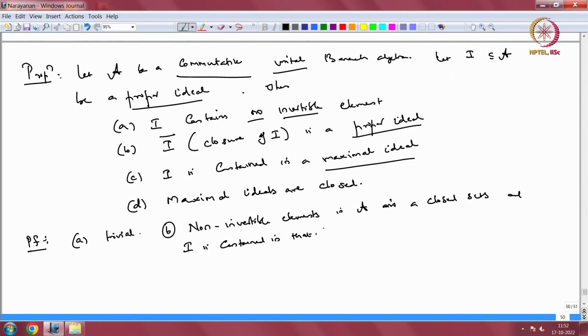So, if I is a proper ideal, then it has no invertible element. So, it is contained in the non-invertible elements, which implies I closure, because it is contained in a closed set, its closure is also contained, right. So, this is contained in non-invertible elements. So, if it is contained in non-invertible elements, then the identity is not there. So, I closure is also proper, right. So, that is easy.